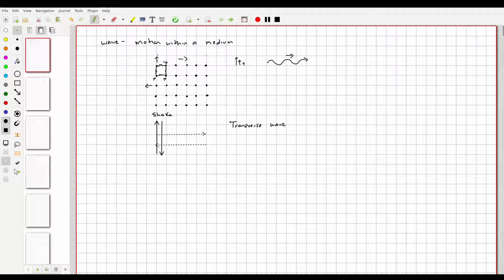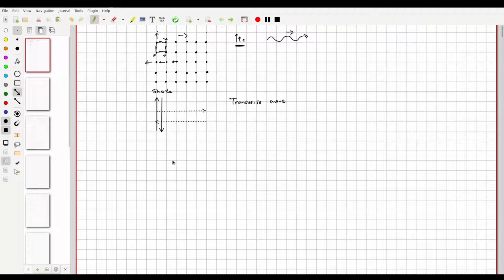So this one will move, and then there's this slow transfer of information where this one starts to move like that. So you can recognize this right here as sort of this shape right here, except now it's on the side. So basically what you're doing now is you're shaking the material this way. Okay. So this is the shake right here.